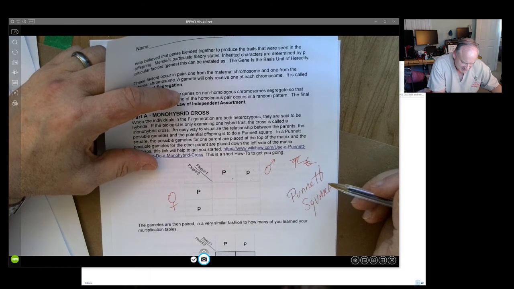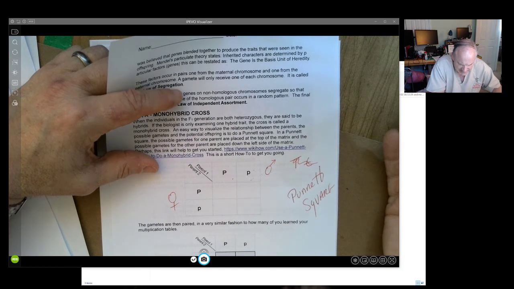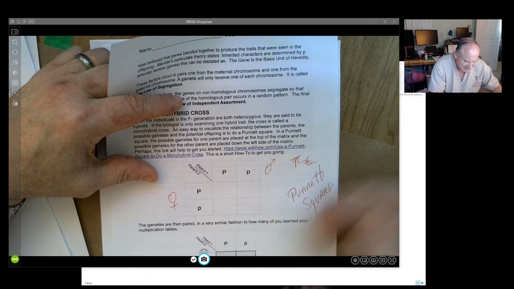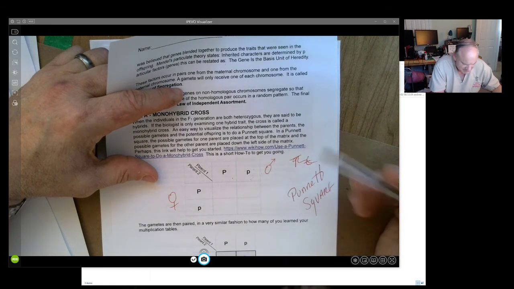Now again, this is important if you wanted to tell what your offspring might be later on with traits that you know about in your family. And so the same kind of genetics follow. This is what Gregor Mendel did in the 1800s. It's just amazing, although he didn't understand it was genetics.